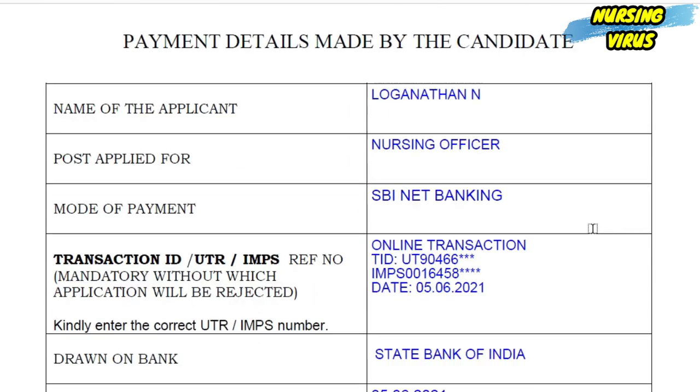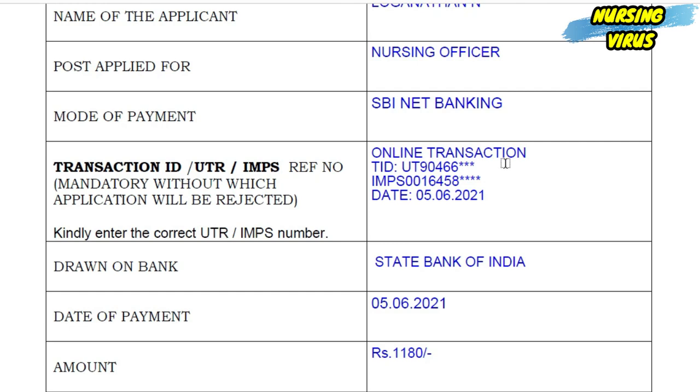And the payment details. After making the online SBI account payment, you need to write the payment detail here. The name of the applicant, your name, the applied post, nursing officer, and mode of payment, SBI net banking. After the net banking transaction, you will get the transaction ID and the IMPS code.